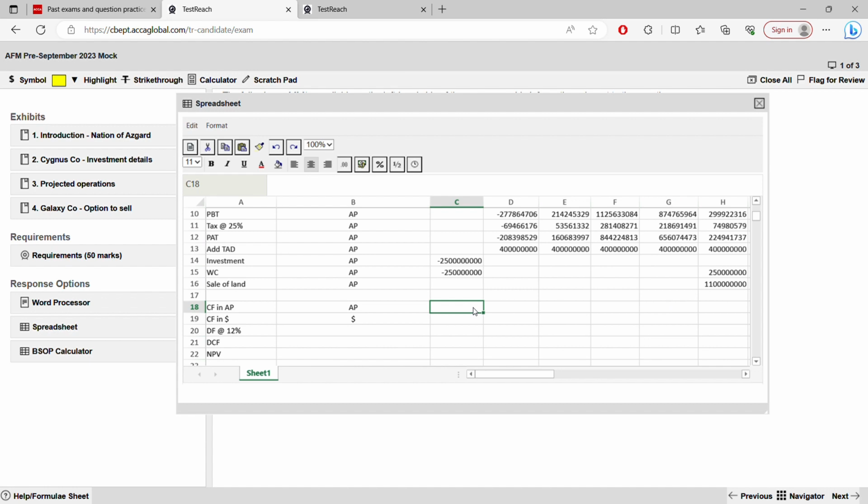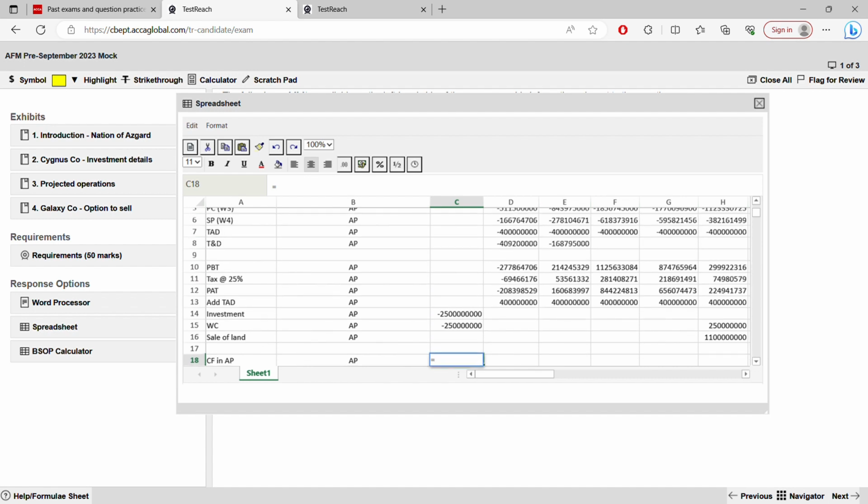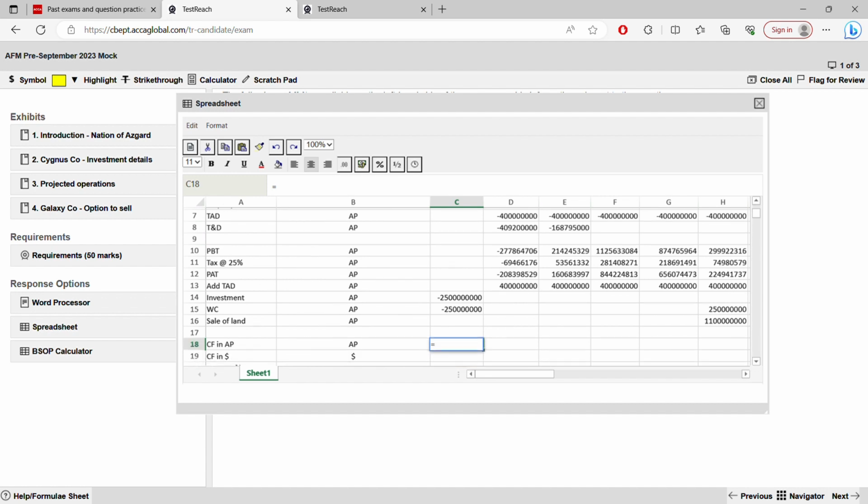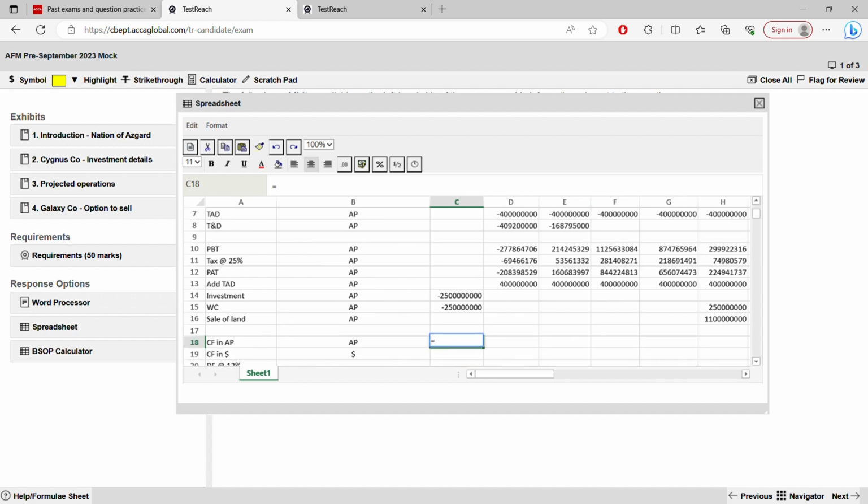Okay, so cash flow, you just need to deduct the outflows and add the inflows. So you can't do the sum function here because there are some additions and some deductions, like here if you see.